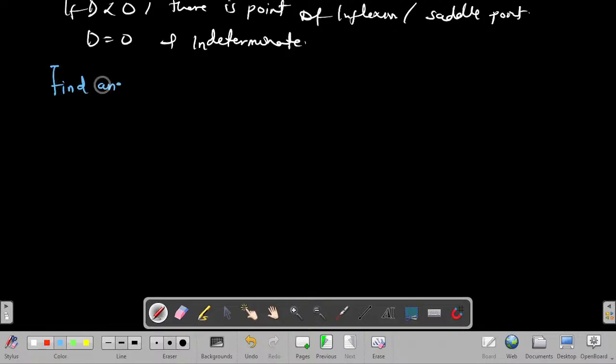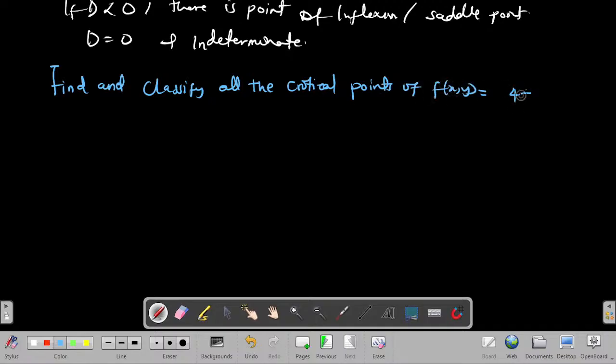Find and classify all the critical points of the function f of x, y equals 4 plus x cubed plus y cubed minus 3xy. Solution.